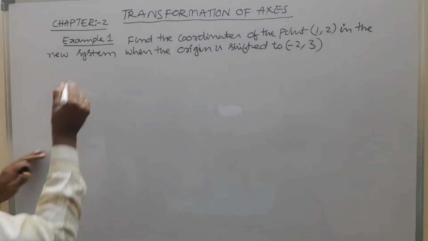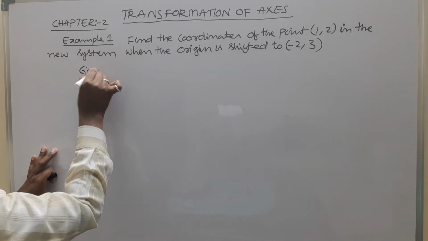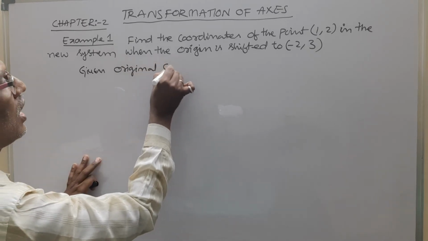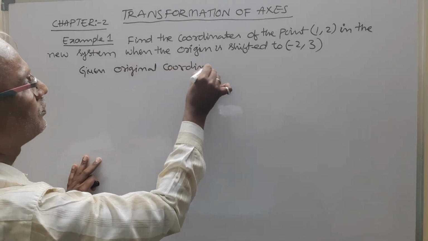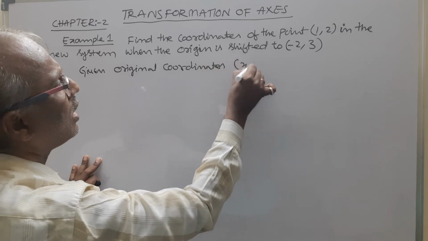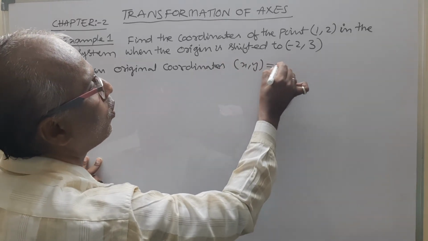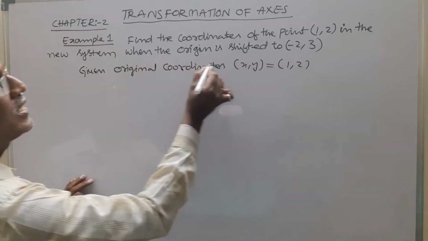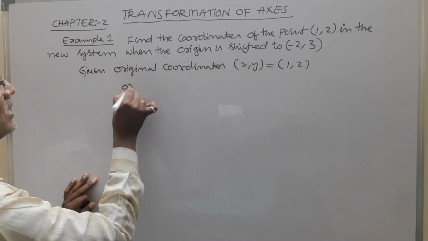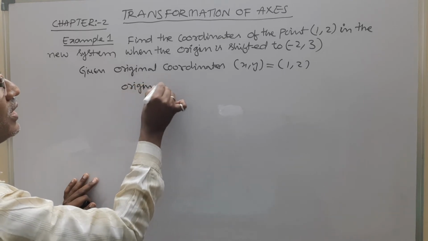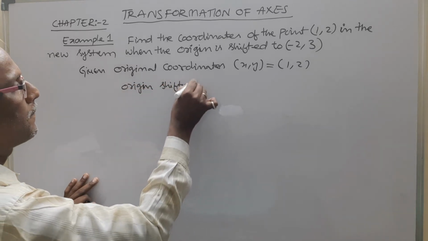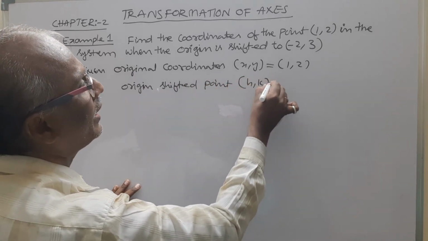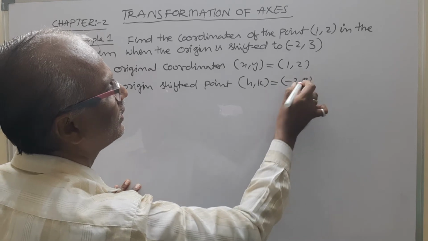Given original coordinates (x, y) = (1, 2). The origin shifted point is (h, k) = (-2, 3).